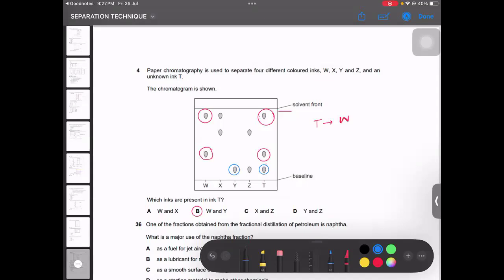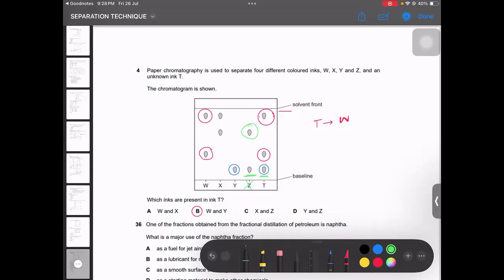Y has no other spot. So some students are saying, why not Z? Z also has the same RF value with T, just like this. So what are we supposed to do for that? That's why Z is not present in T, therefore it's not.